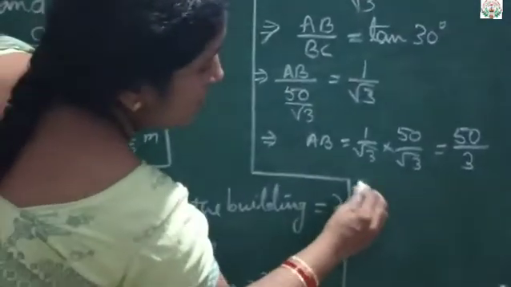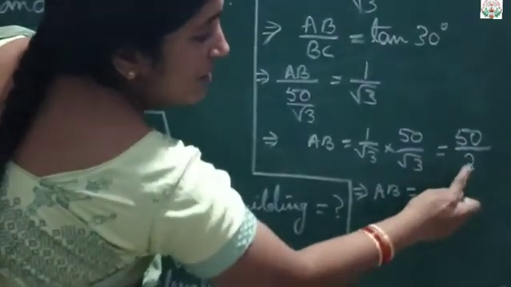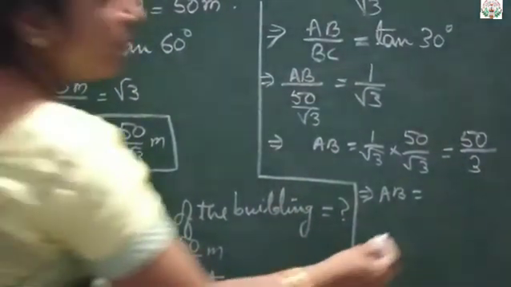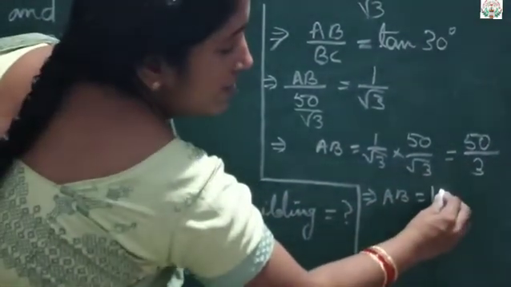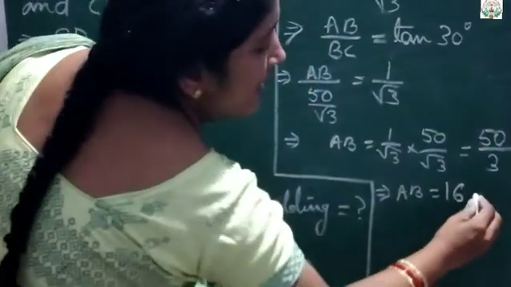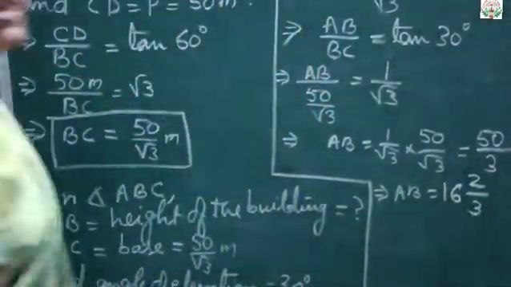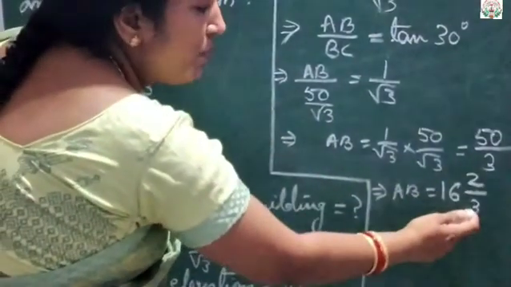So which implies what? AB equals to, now 50 divided by 3 will be what? 3 ones are 3. Okay, then 20 is 18 and balance is 2. So the remainder will be left out 2, upon 3.